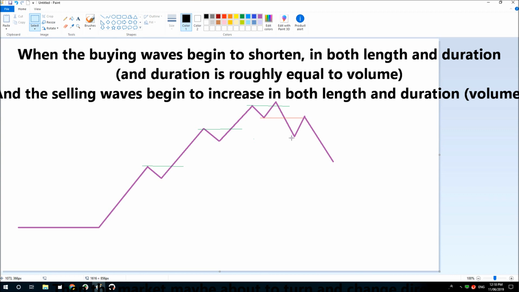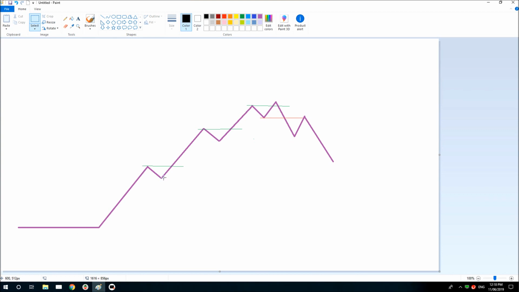So you can see here the buying waves began to shorten, and then initially the selling wave was the same, but the buying wave shortened right here, and then the selling wave increased. All these selling waves were relatively short and shallow, and this selling wave was a telltale sign that something was up.